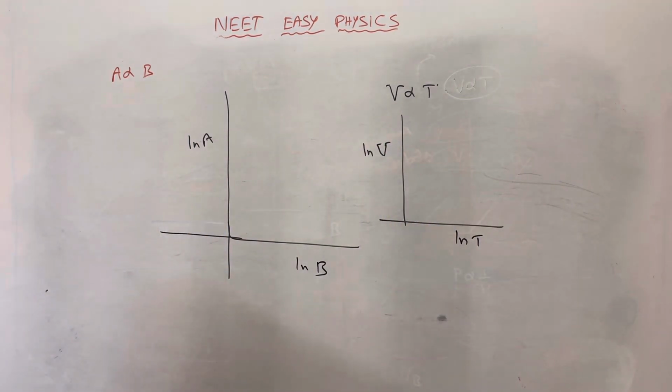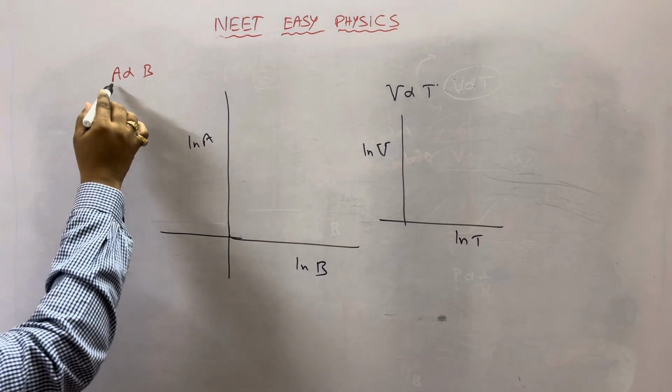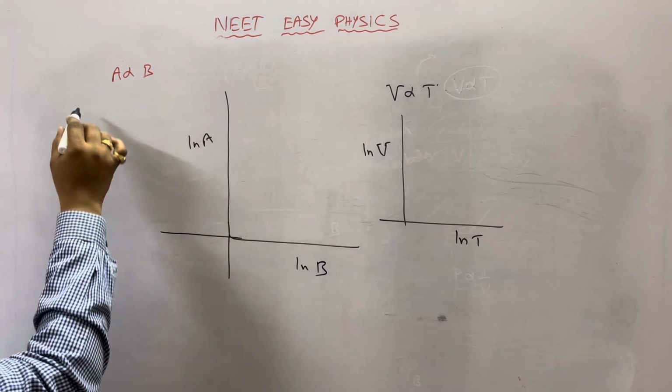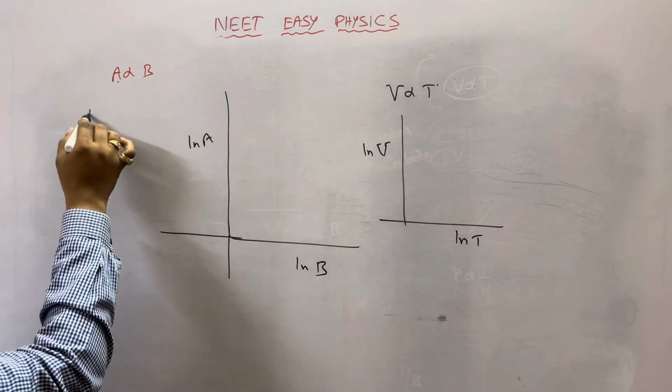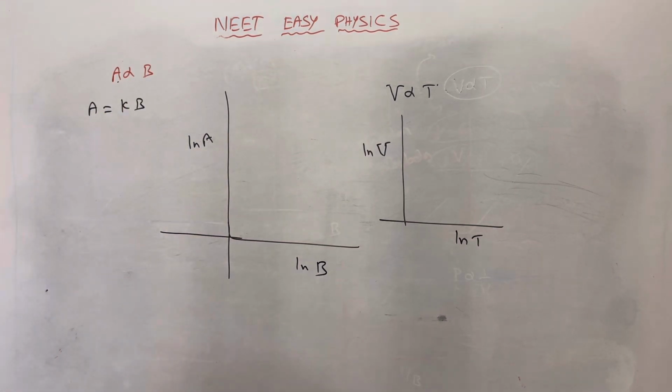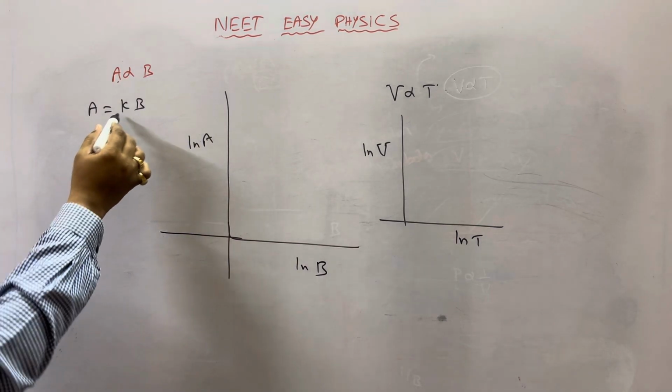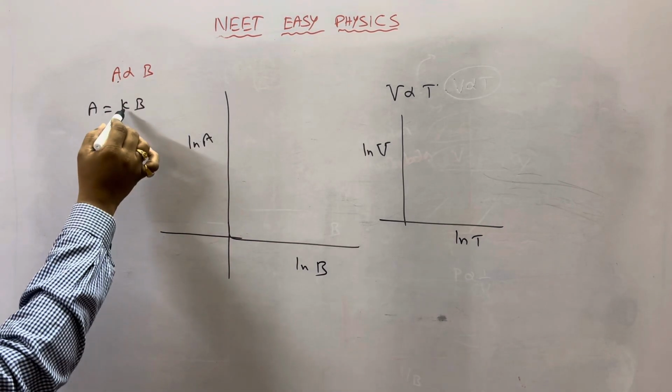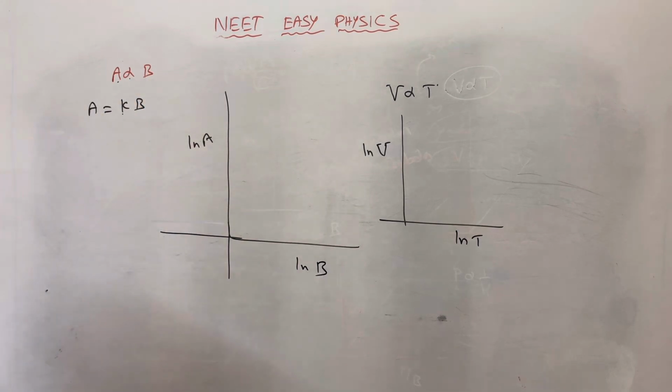At that time, what you have to do is apply logarithms on both sides. After applying log, A is directly proportional to B; can we write it like this? Some constant we write whenever we remove proportionality.